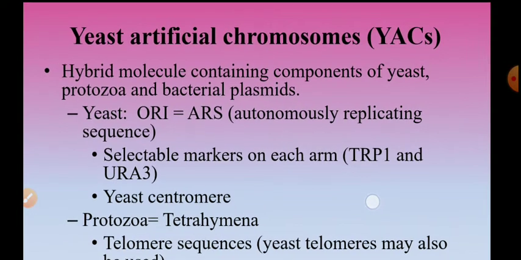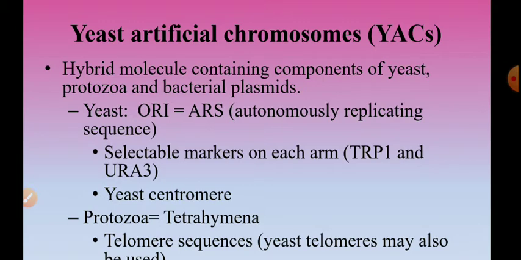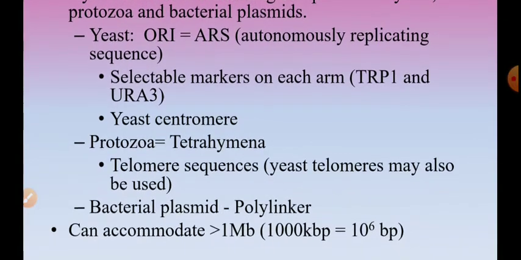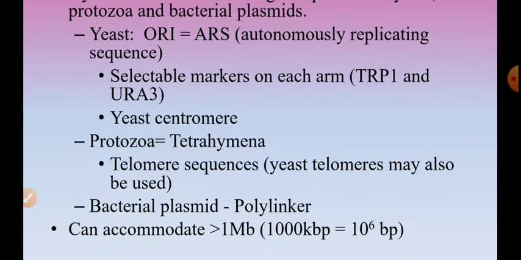What are the components from yeast? The ARS, autonomously replicating sequence from yeast, so it can multiply in yeast. It contains selectable marker genes of yeast, the TRP1 gene or URA3 gene, which will help in identification of the vector inside the yeast cells.